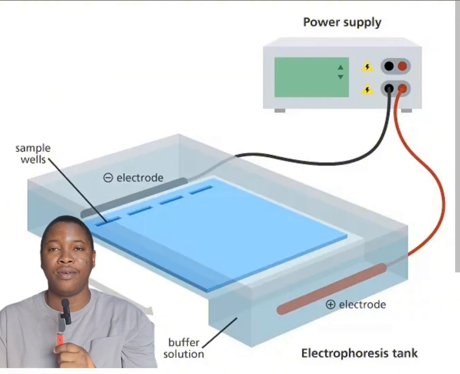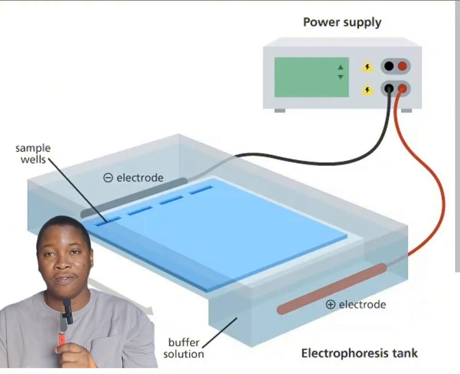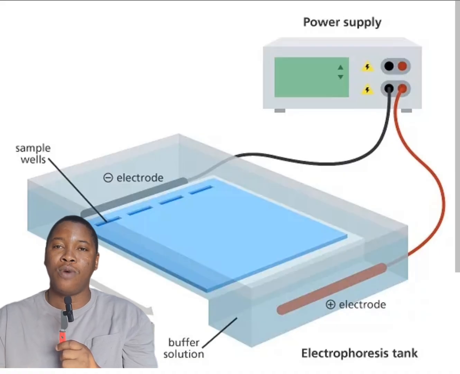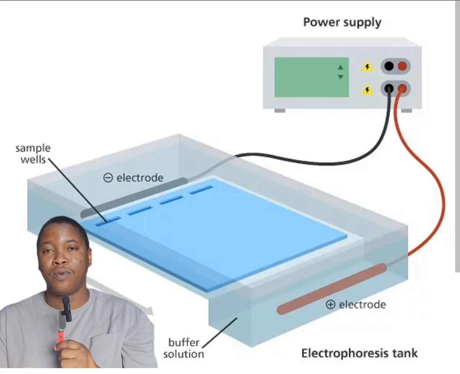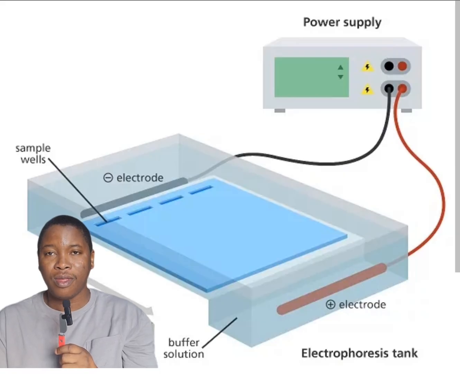You create an electric field with an electric charge, and then you have wells. We call them sample wells, where you load your samples. When you load your samples in this well, you put on your source of electricity, electric current.